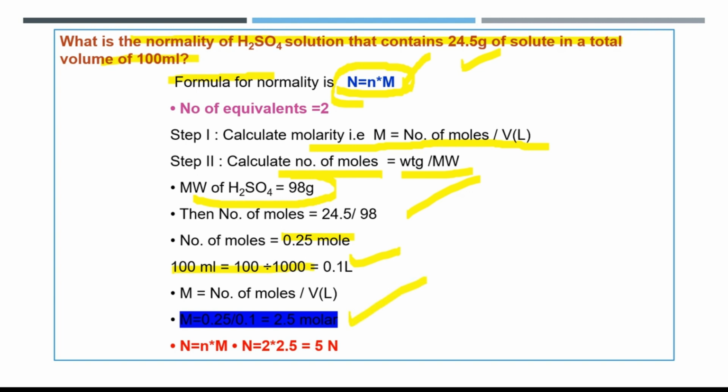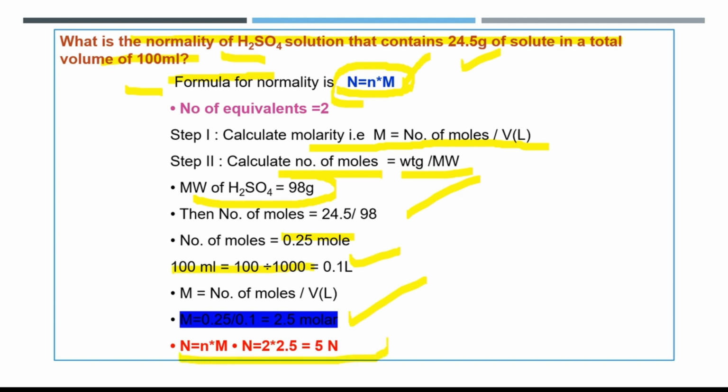Now put this value in equation number 1, that is capital N is equal to small n into M. Small n, as I told you earlier, is the equivalent valency. The equivalent valency in H2SO4 is the replaceable hydrogen, that is 2. So multiplying 2 into 2.5 will give you a 5 normal solution.